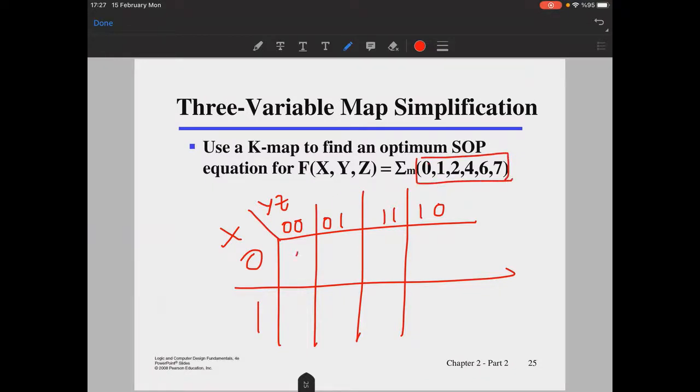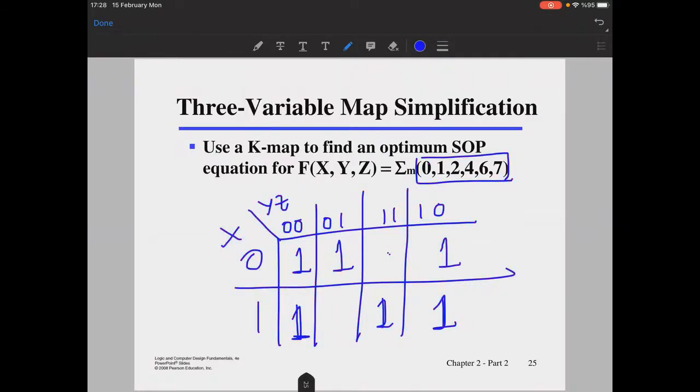So it's 0, 1, 2, 3, okay, 0. Then 4, 5, I don't put it. 6 and 7, right? So I put them in their locations here.